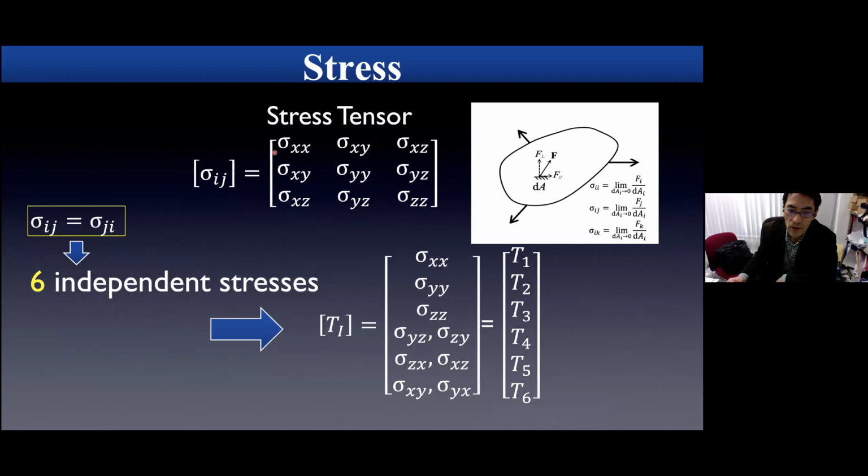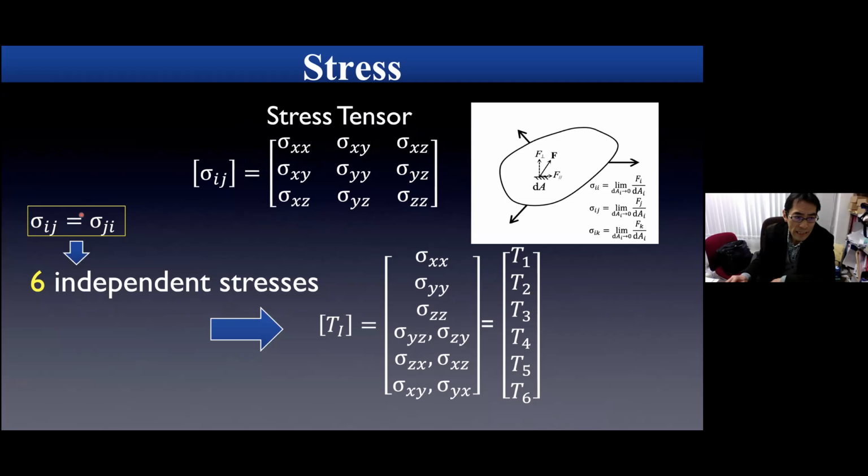Therefore, stress has 9 components. For example, sigma xx denotes the internal force along the x direction acting on the plane normal to the x direction. And sigma yz indicates the internal force along the z direction acting on the y plane, that means a plane normal to the y-axis. The stress has 9 components, given by a 3x3 matrix.